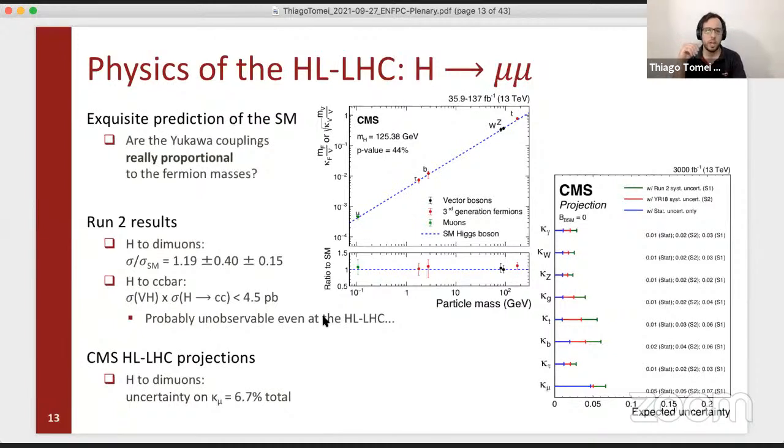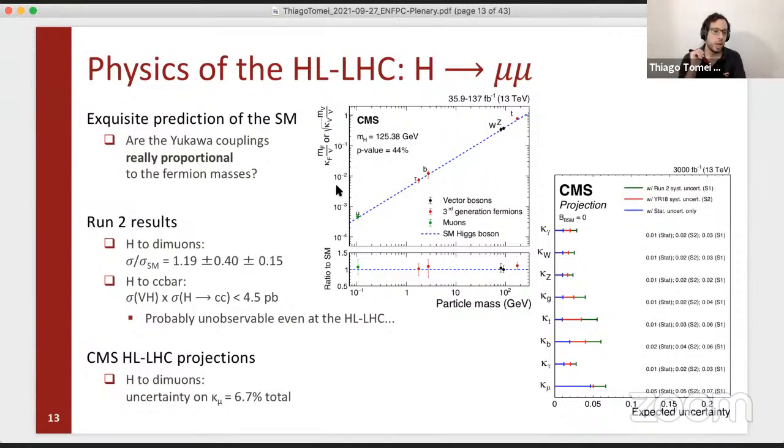Still on the same business of the Higgs boson, there are also the couplings. And the couplings, in particular, the couplings to the fermions, are a very exquisite prediction of the standard model. The question that we want to pose is, are the Yukawa couplings really proportional to the fermion masses? Or if we look at this plot here that was even shown previously, is this really a straight line?